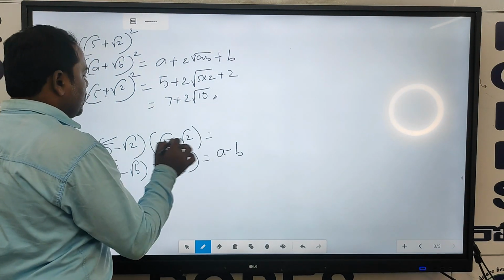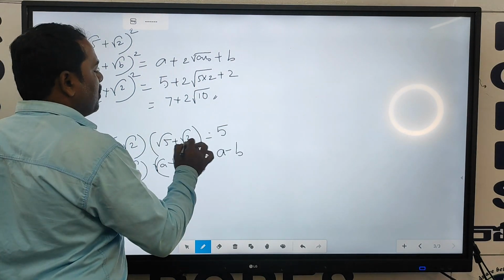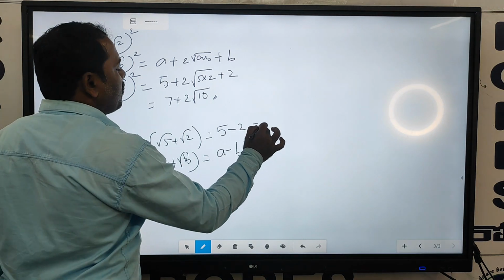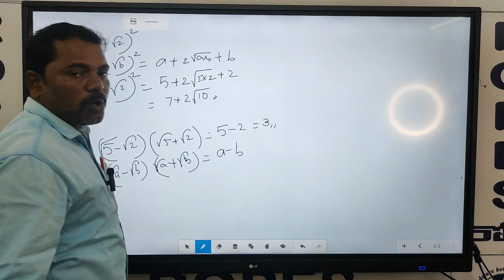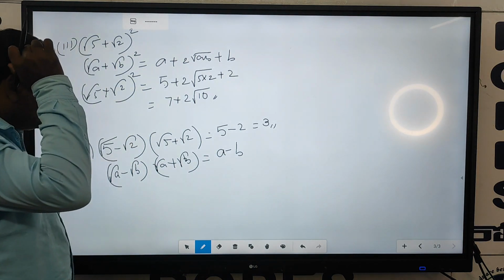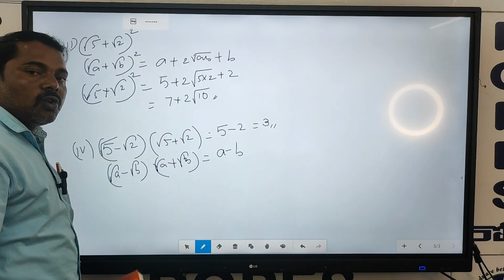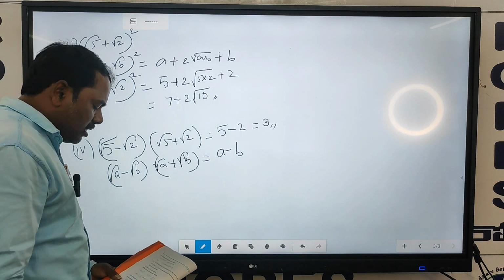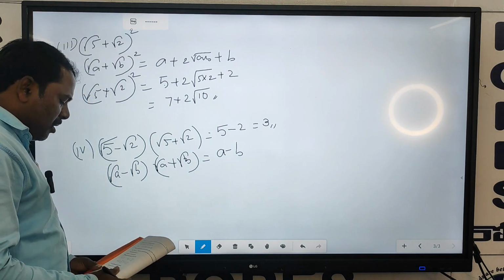So here also, in the place of a, 5, minus, in the place of b, 2, then 5 - 2 is 3. This is the product of (√5 - √2)(√5 + √2). Okay, right.